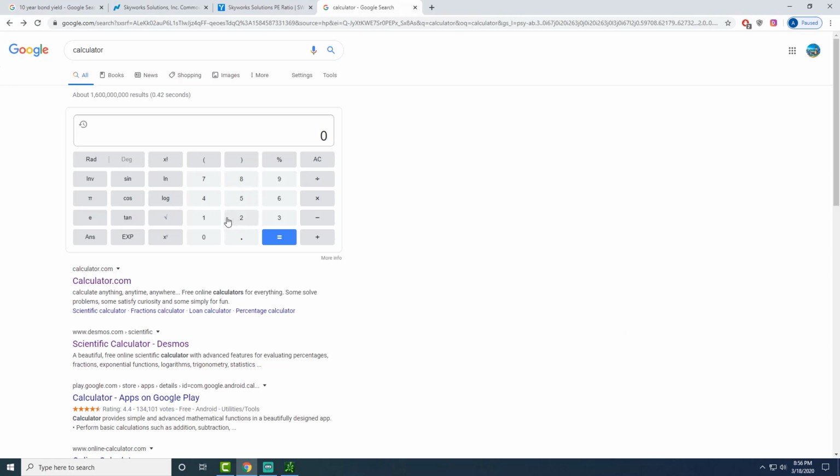So we're going to do 1 plus 0.01, which is our 10-year bond rate. That's our 1.02%. If you put it in decimals, it's 0.01. So that's going to give us 1.01. And we're going to want to do that to the power of 10.